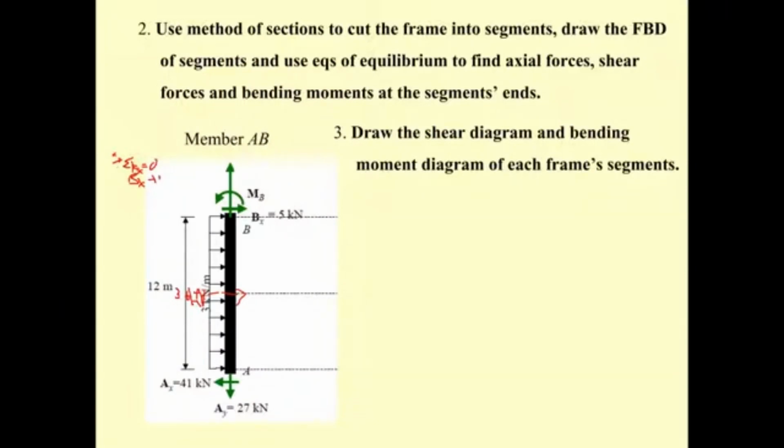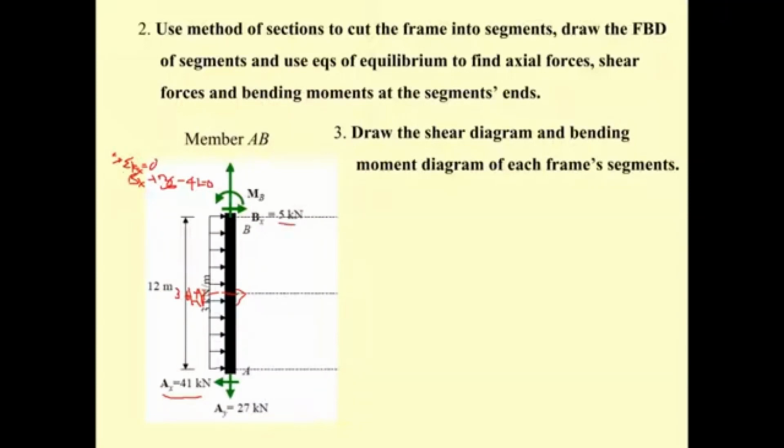I don't know how come the mouse still moves up and up. So this one is 36, and then we have this A sub x of 41 in the opposite direction, so minus 41, and then equal to 0. So we get the B sub x of 5 kilonewton.